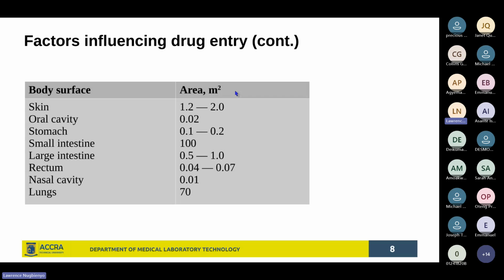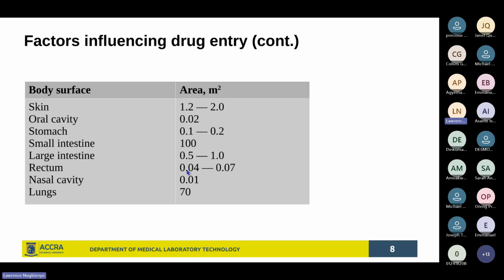So actually, the small intestines have these villi, the small foldings that are adapted for the highest amount of absorption. So you can see that is 100 meters squared. That's very large. So even though I said the skin is considered the largest organ, you see that the small intestine actually has the largest surface area because of the foldings in it.